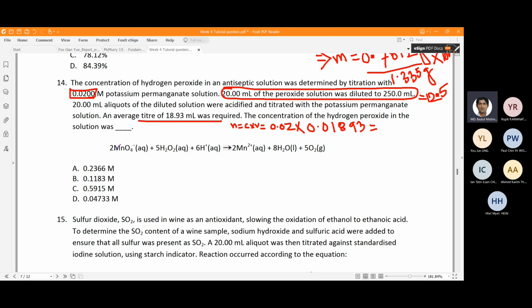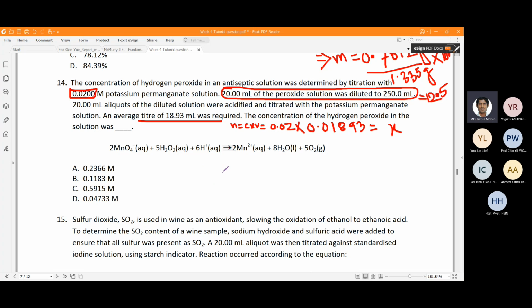So 2 moles of potassium permanganate is required to react with 5 moles of hydrogen peroxide, right? So if I have, let's say, X mole of potassium permanganate, how many moles of hydrogen peroxide will we have?